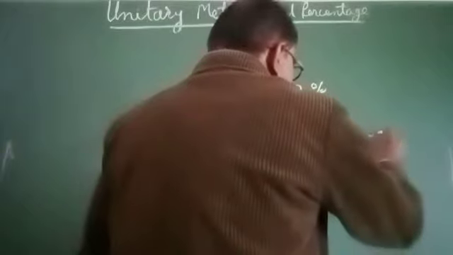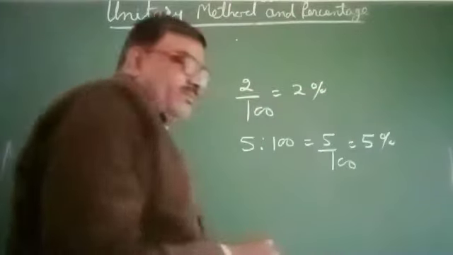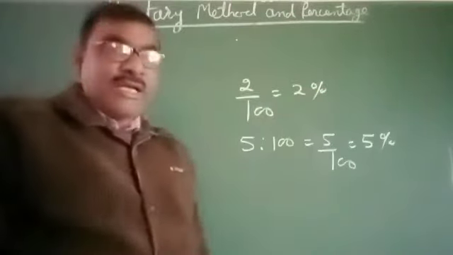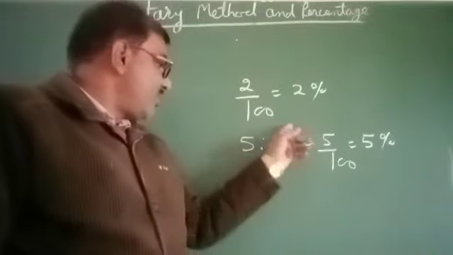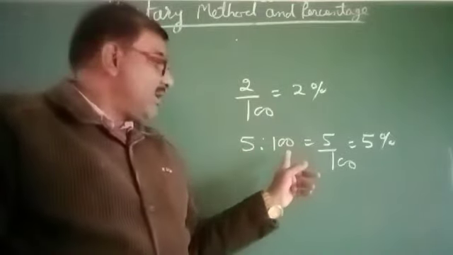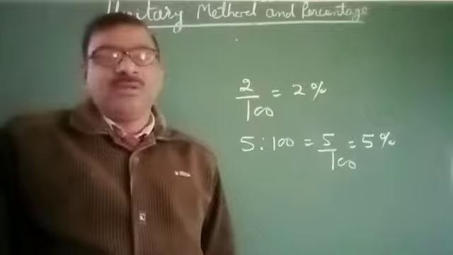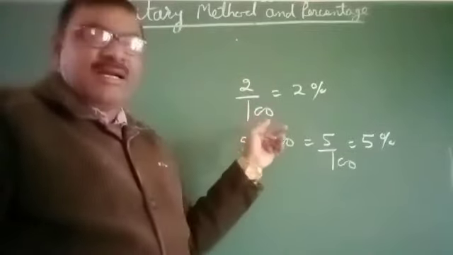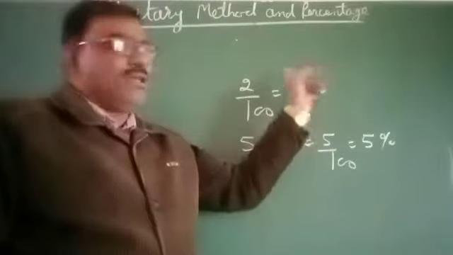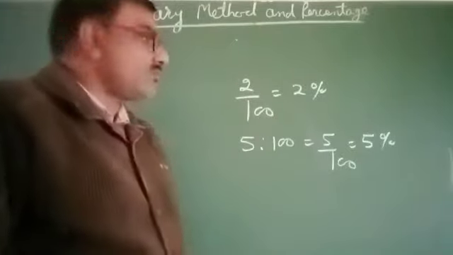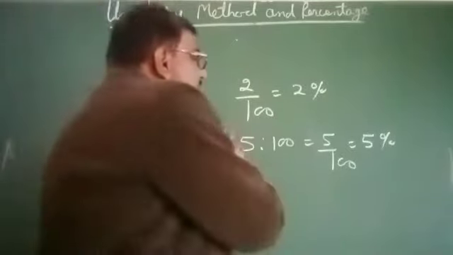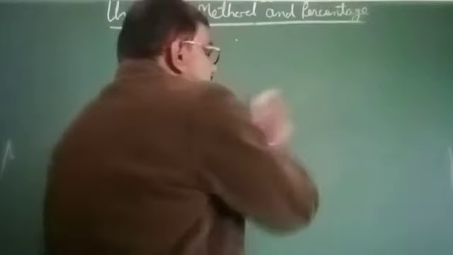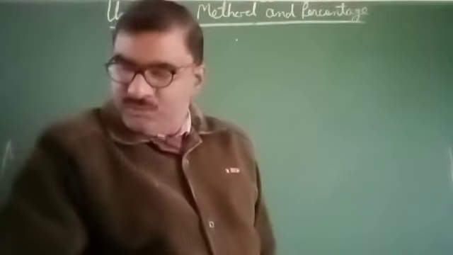So the ratio 5 ratio 100 is 5%. And a fraction whose denominator is 100 can be written as a percent, like 2%. So dear students, I hope that this is clear to you.